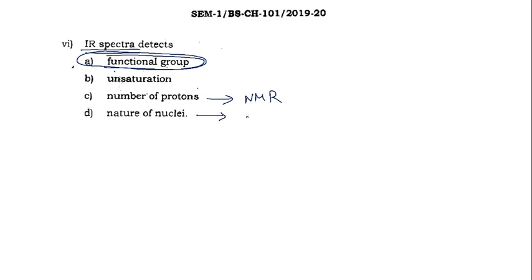Nature of nuclei is done by Mossbauer spectroscopy. And unsaturation can also be detected to some extent by IR, but mostly it is done by UV spectroscopy. So for this the answer is functional group.